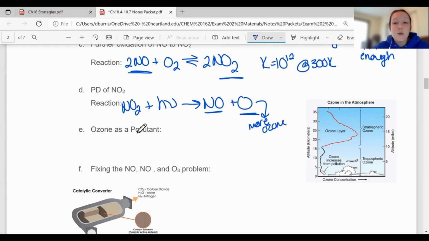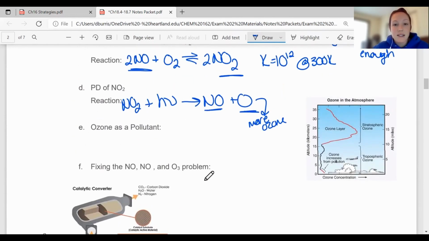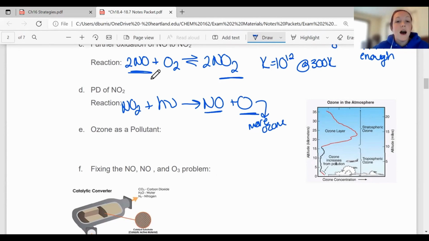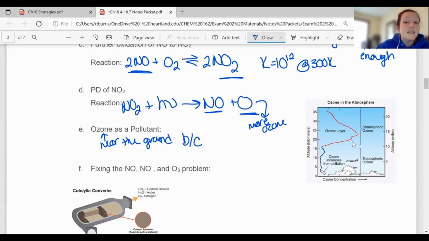Okay. So yeah, we're on page 6 of the ones that I posted online. So here we are. We got more ozone, which is great, but I was just talking about how ozone, when it's in the wrong spot in the troposphere instead of the stratosphere, causes problems. So ozone as a pollutant. This is true near the ground because it's so reactive.